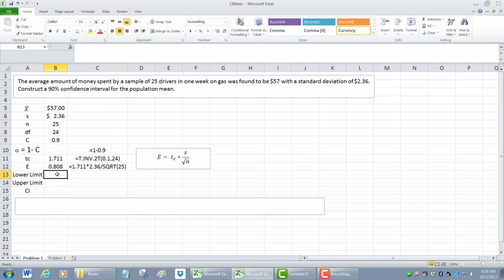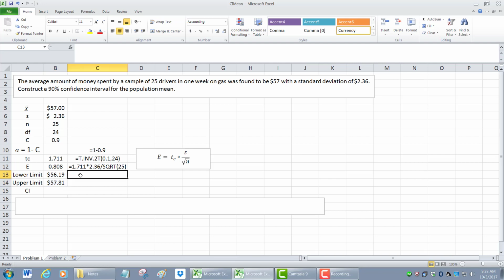To get the lower limit for our confidence interval, that's going to be our original mean minus the margin of error, so 57 minus 0.808. And to get our upper limit, it's going to be 57 plus 0.808.